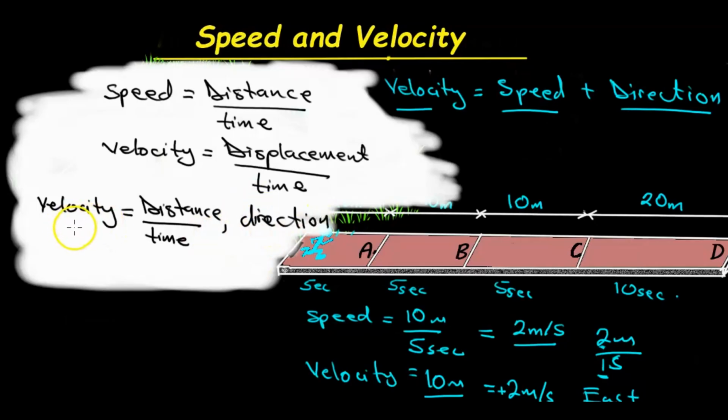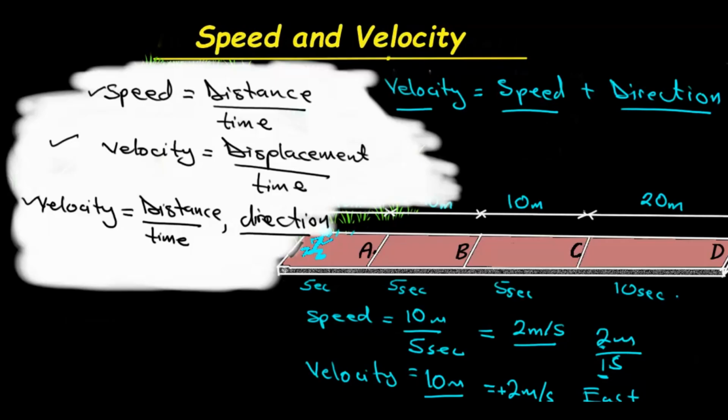So this is why in most of our works we see speed and velocity being used interchangeably, and with distance and displacement you notice that they are also used interchangeably because they are also very similar.